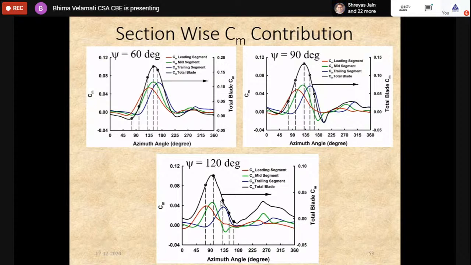What is fascinating to us is that the trailing section would produce as good as the mid section. The leading section is producing less power compared to the other 2 sections.